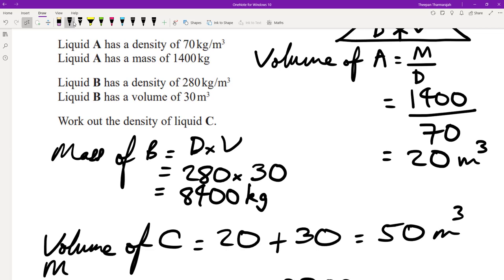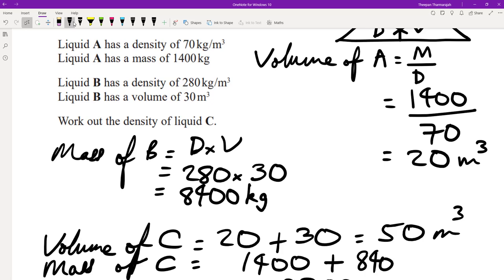And the overall mass of C, that's going to give me the mass of A, which is 1,400, plus the mass of B, which is 8,400. And that will give me a total of 9,800 kilograms.